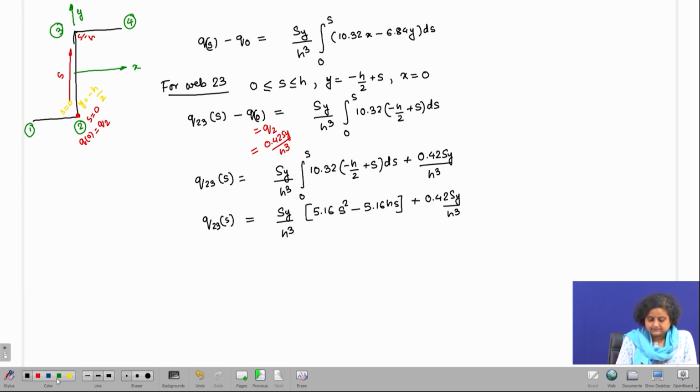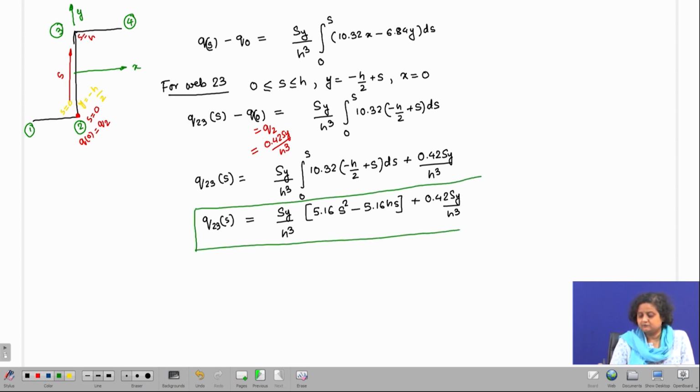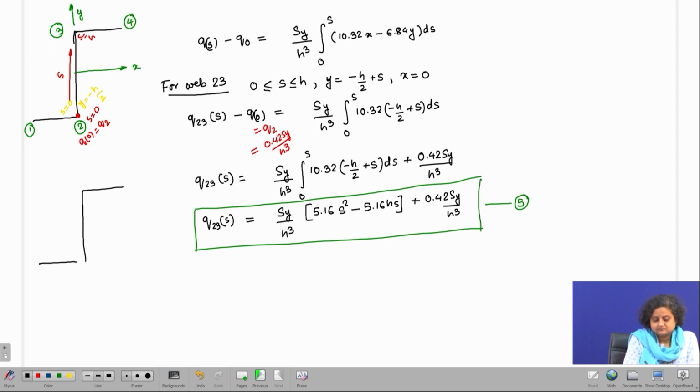So, this expression gives us the distribution of shear flow in web 2, 3. Let us number it as 5. Now, if I have the cross section, I have already drawn the distribution for 1, 2.